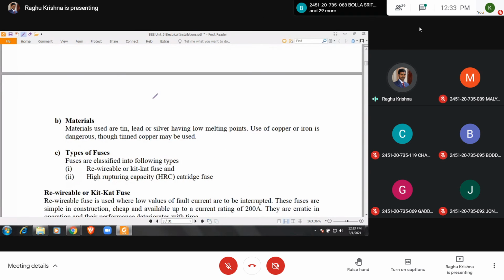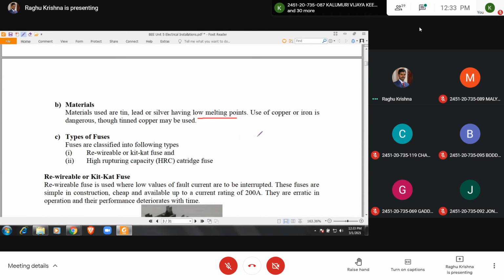So what are the materials? Materials used are tin, lead or silver having low melting point. Use of copper or iron is dangerous.